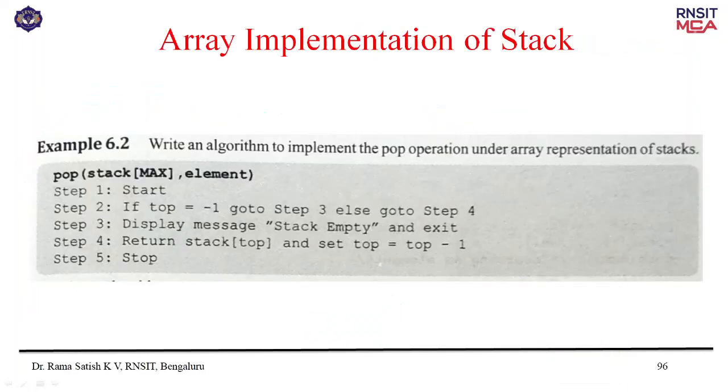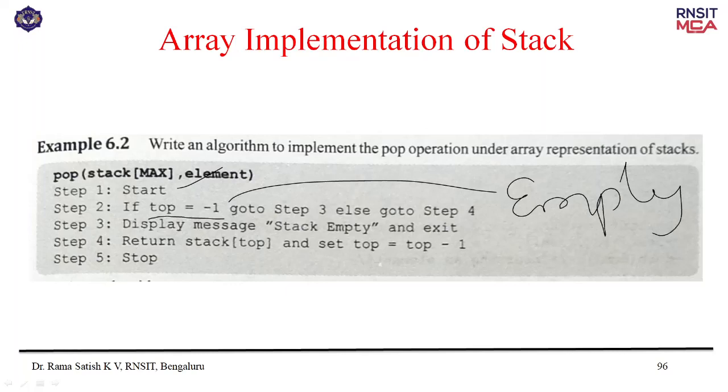Right. Next, same way, the pop operation. You start, you check whether top is at -1 or not. Top at -1 is an indication that the stack is empty. If it is -1, it is understood that the stack is empty. And if the stack is empty, go to step 3, display the message stack is empty, and exit.